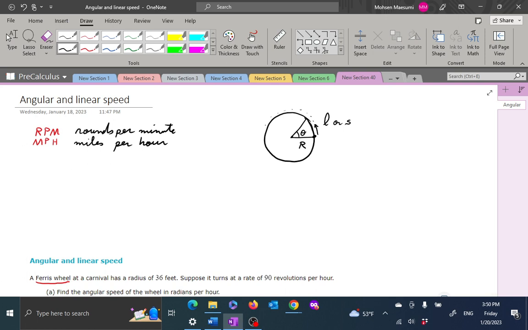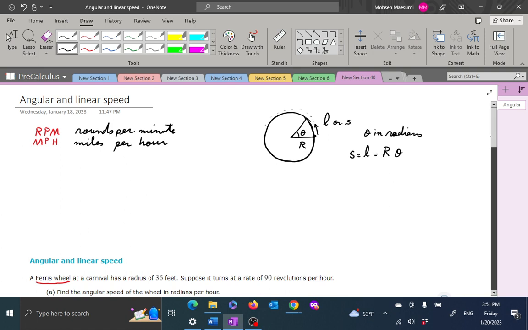What's the relationship? S or L is the radius times the angle. In this case, the angle is measured in radians. In fact, this is the definition of radian.